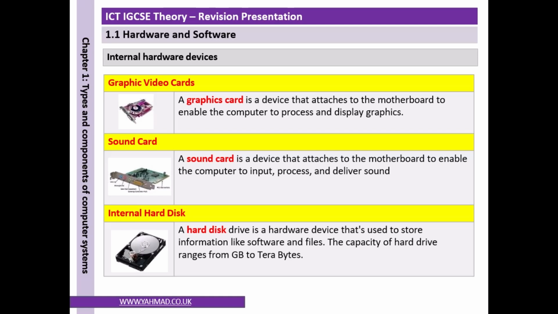So petabyte is very big in terms of storage. So 1000 MB is equivalent to 1 GB. 1000 GB is equivalent to 1 terabyte. So these are very big storage devices.